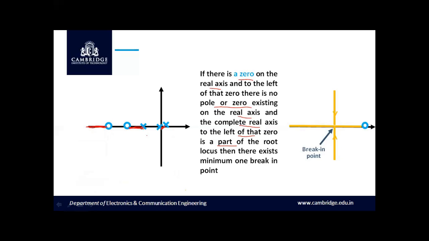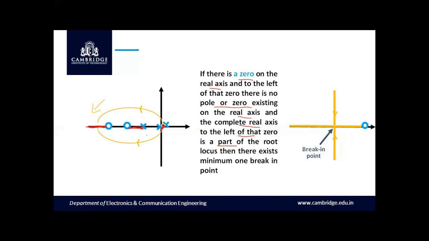Now, having all these predictions in mind, we can plot the branch. From the pole at s equal to 0, there will be a branch which is emerging from it with respect to the increase in value of k from 0 to infinity, and it intersects at a single point which results in breakaway, which moves from real axis into the complex plane, whereas on the other side it tries to move from complex plane into the real axis exactly at the break-in point.